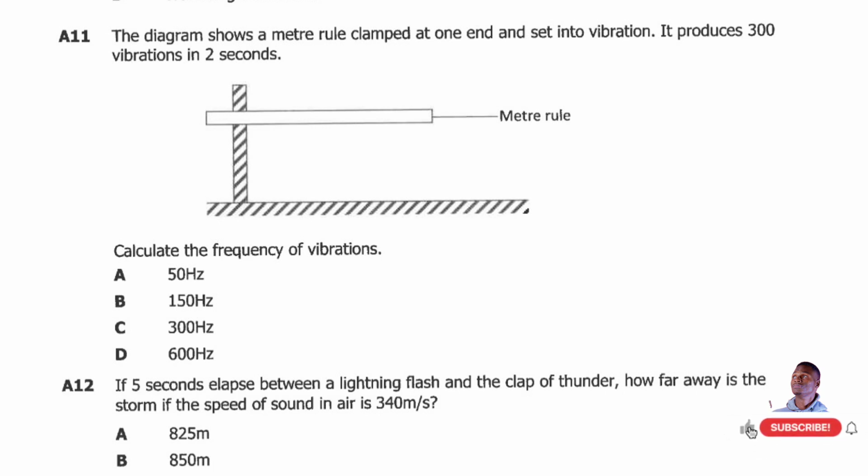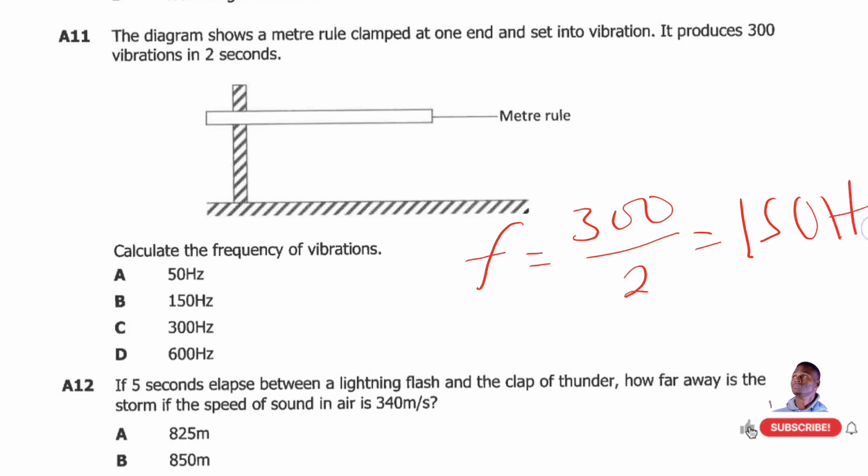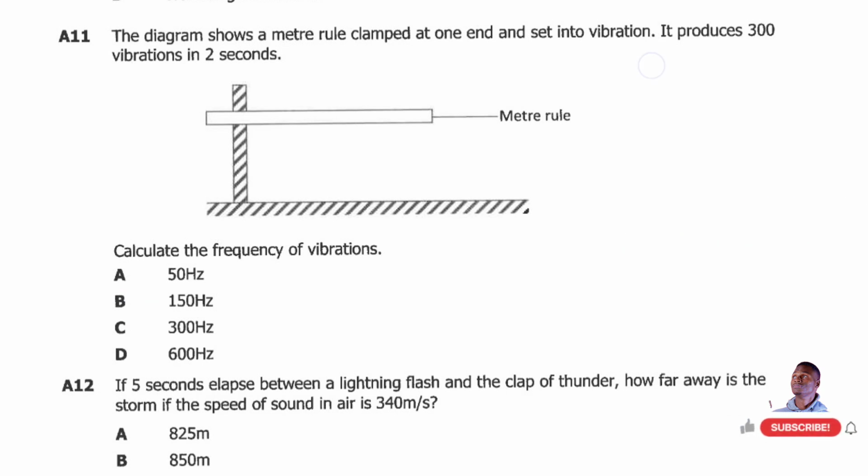Frequency is equal to number of vibrations over time. So it will be 300 over time taken, 2. So this is 150 hertz, B.